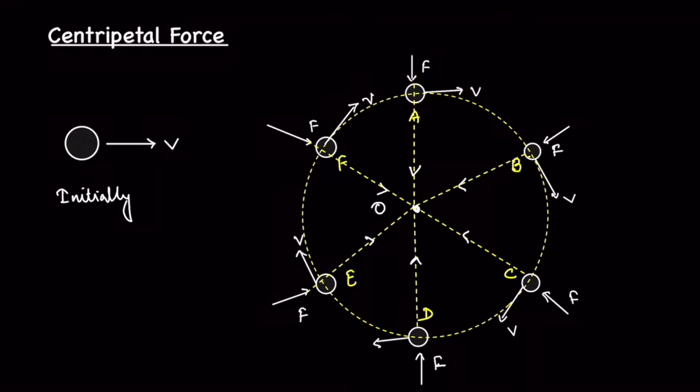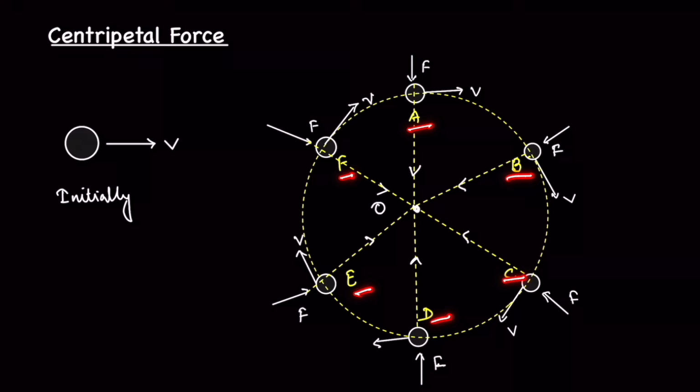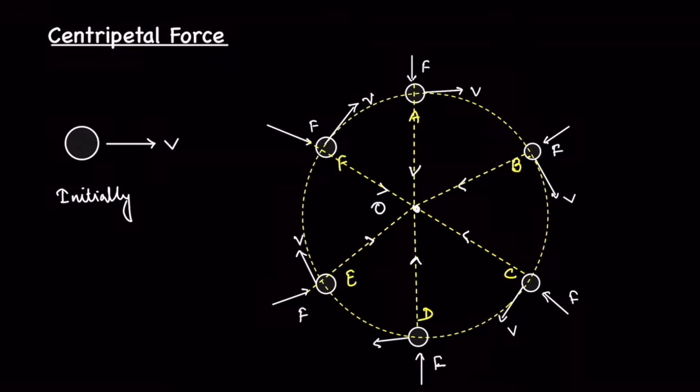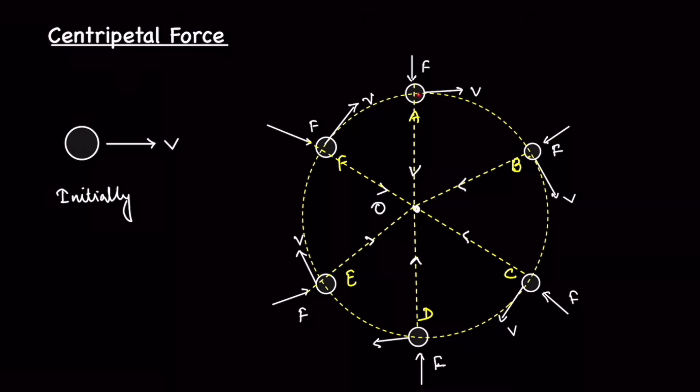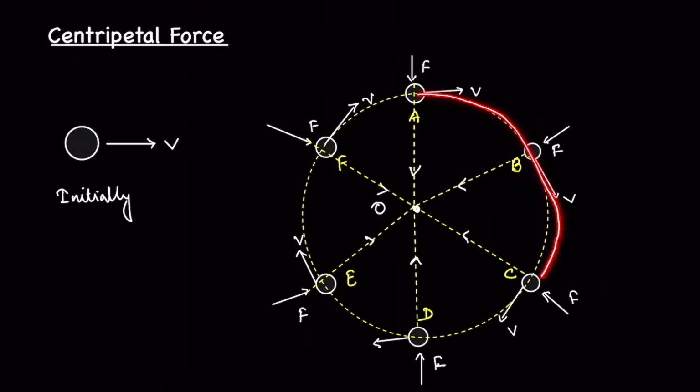At each and every point A, B, C, D, E and F, the direction is continuously changing and the force is perpendicular to the direction of motion. So you notice that it forms a circular path. This is the one thing we noticed.